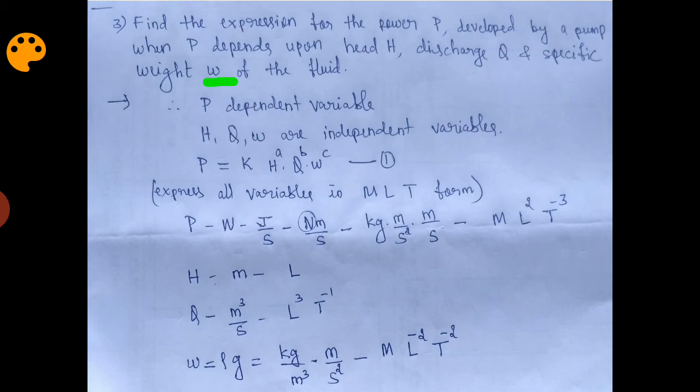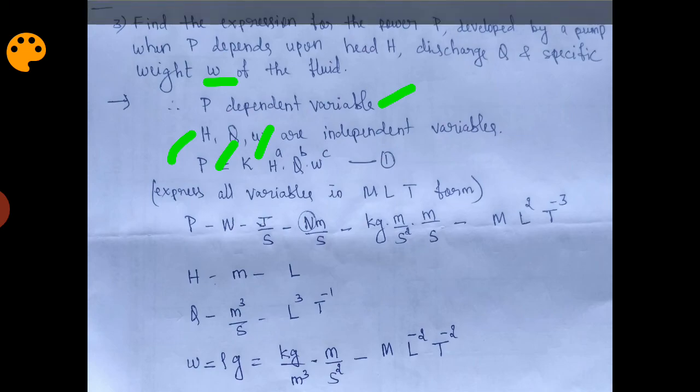Specific weight means here it will be rho into G. W, small w, is equal to rho into G. So power is the dependent variable. It depends on head H, discharge Q, and specific weight W.